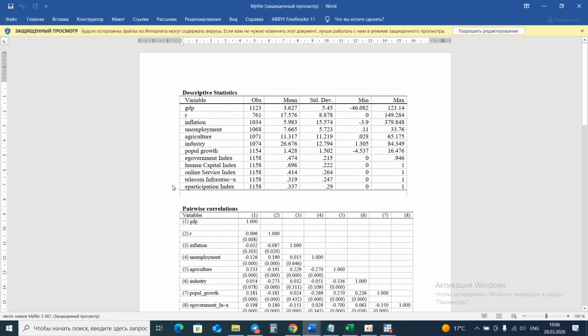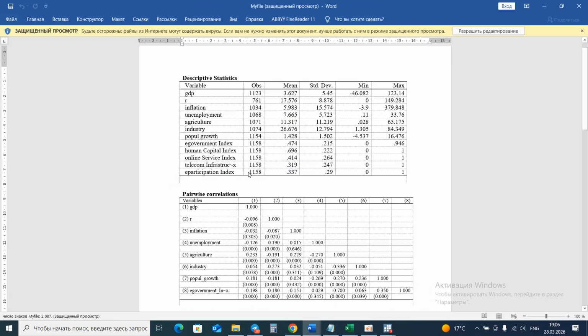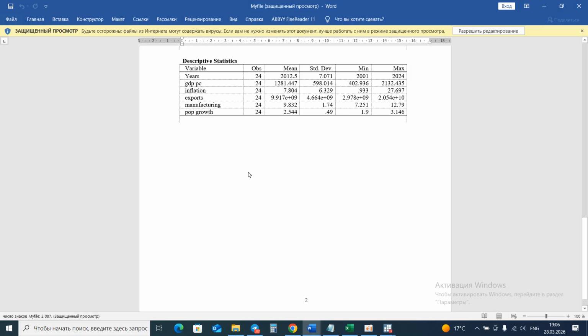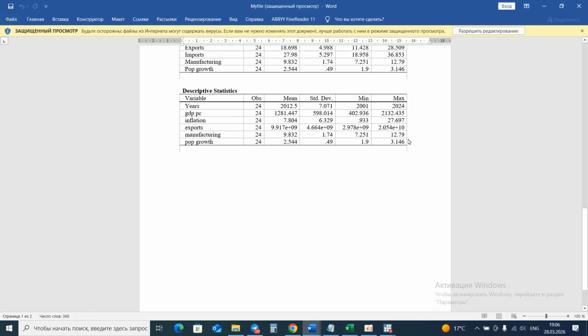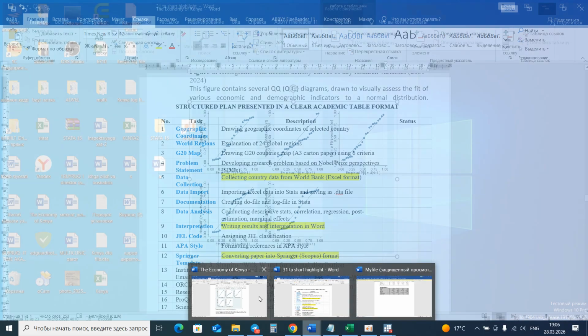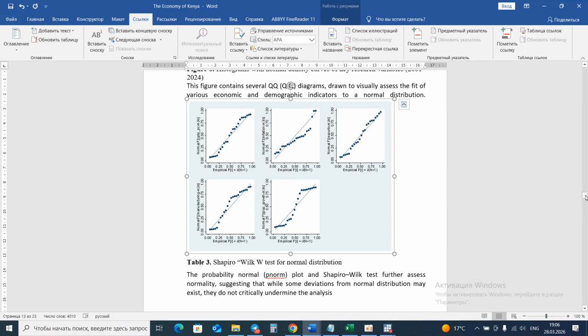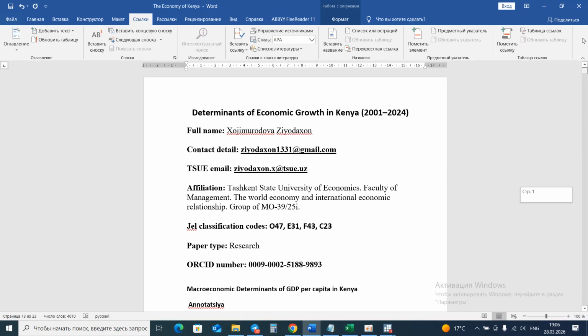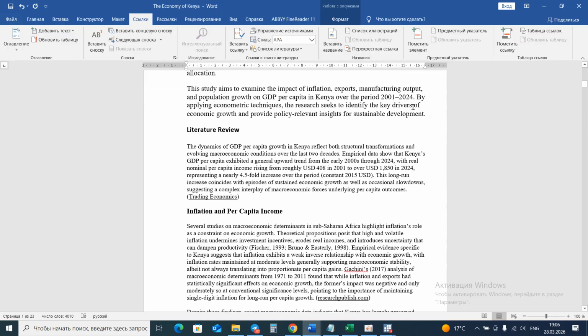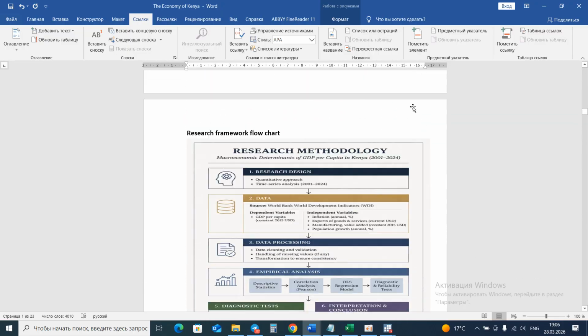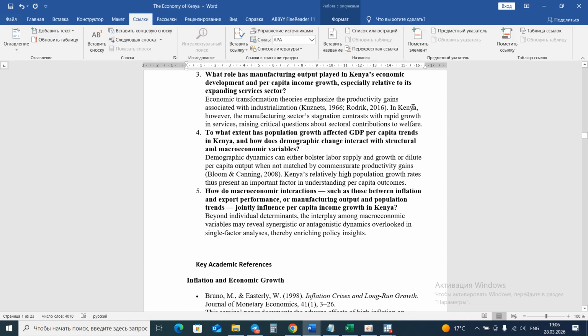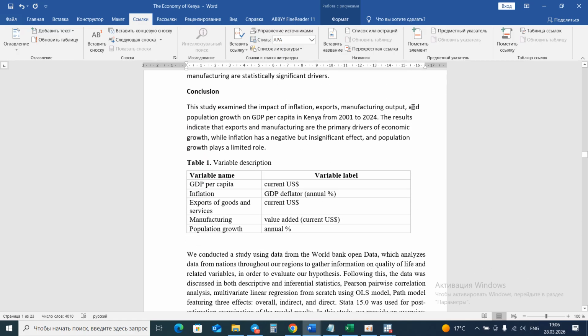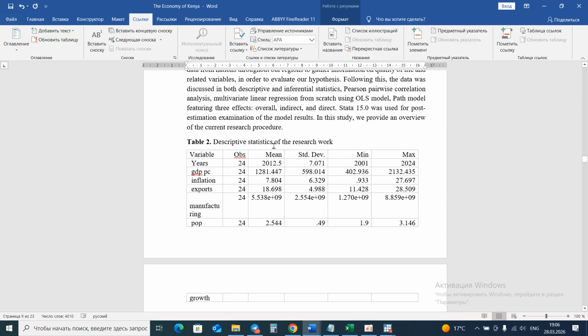If we click, it'll open, as you can see here, and we copy this and put it to a new Word document that I have here.